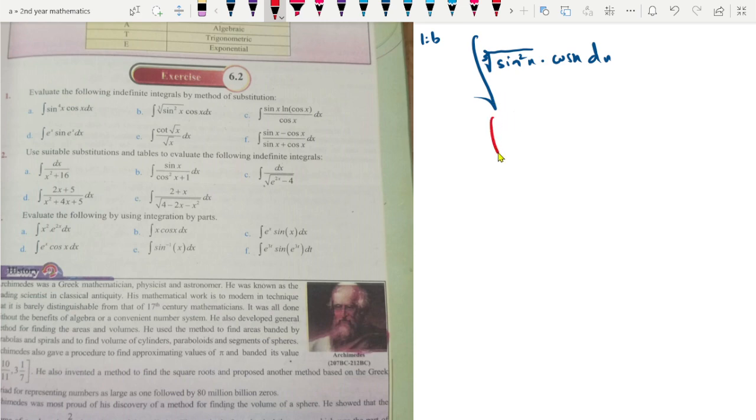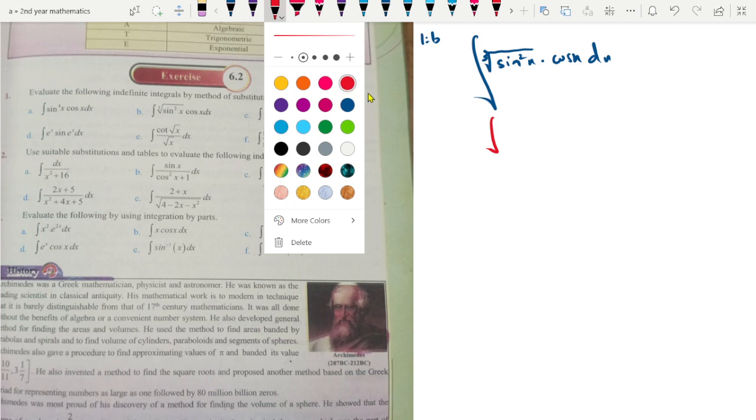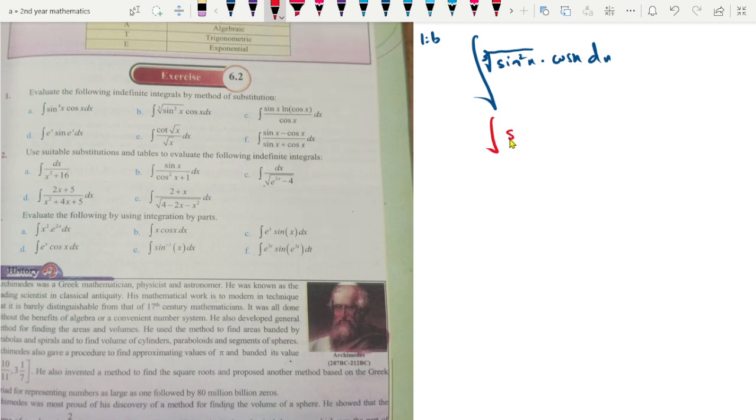This will become the integral of sine square x whole power 1 divided by 3 cos of x dx. So this will become the integral of sine of x whole power 2 divided by 3 cos of x dx.